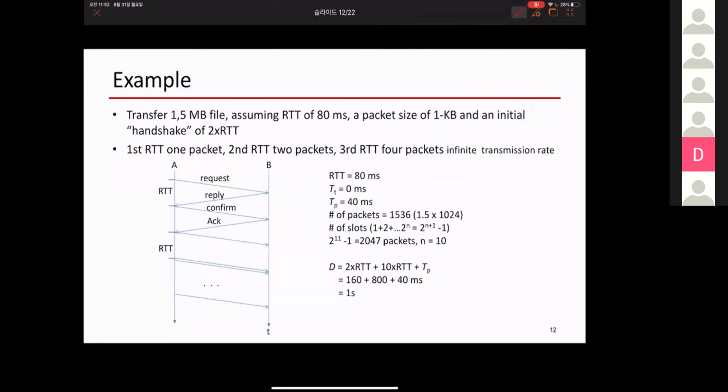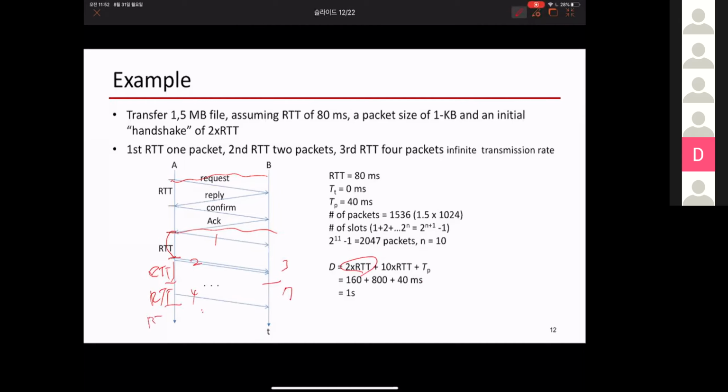So let's solve the problem. Connection setup with 2 RTT. In the first RTT, I can send 1 packet. In the second RTT, I can send 2. Then up to now, I solved 3. In the third RTT, I can send 4. I solved 7.